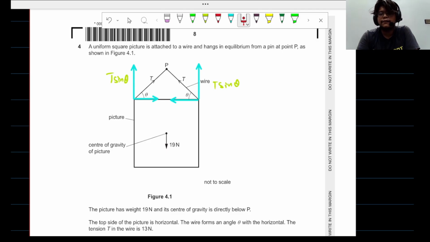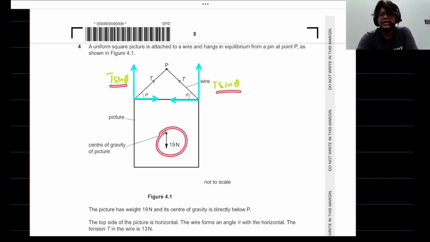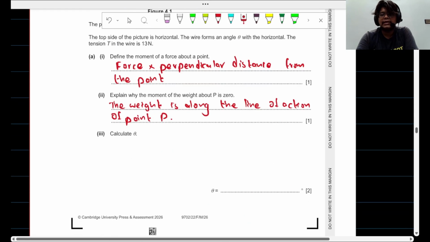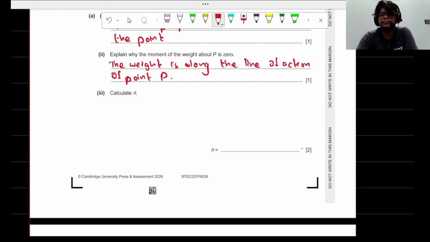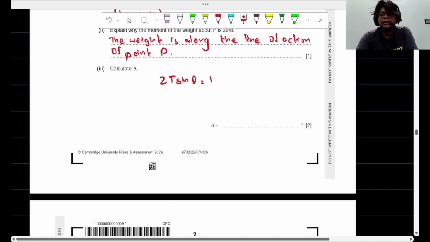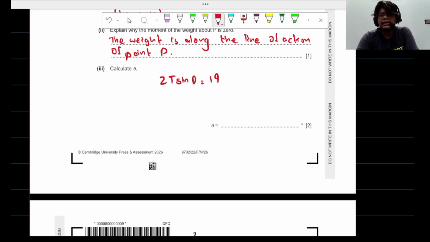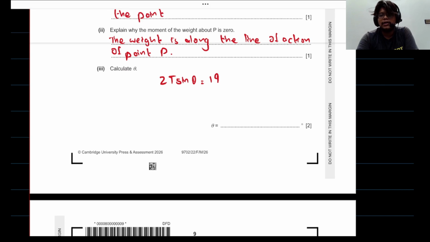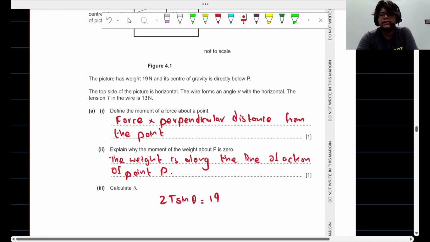Now coming back to the forces. The weight is being balanced by the two components of the tension here. So we can say that 2T sin theta is equal to the weight, that is 19 newtons. Now you can easily find theta. We already know the tension is 13 newtons, provided in the question.